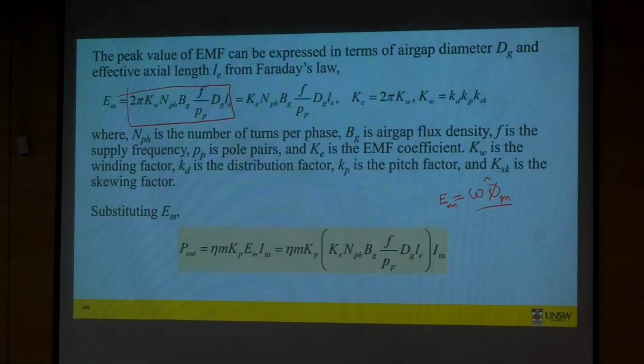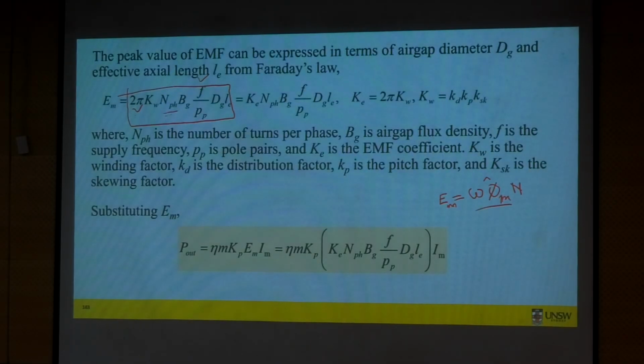How? Let's look at it. So omega is 2 pi f, right? So that's what we are getting here, 2 pi f. Omega is just expanded as 2 pi f. And if we have more than one turn, we multiply this also by the number of turns, right? By Faraday's equation. In our machine, obviously, we'll have more than one turn.